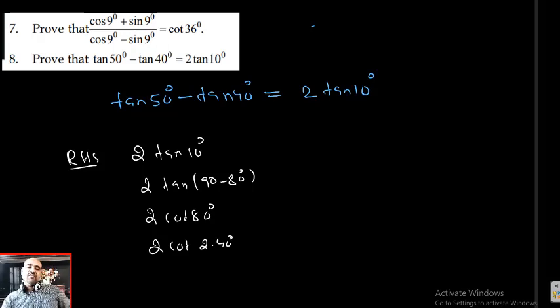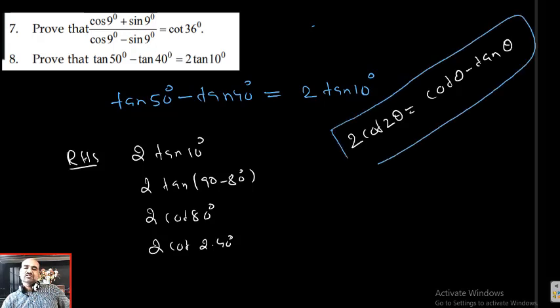Already we have a formula, I will write here: 2 cot 2 theta equals cot theta minus tan theta. This was established in part 5. So what I can write is cot 40 minus tan 40.